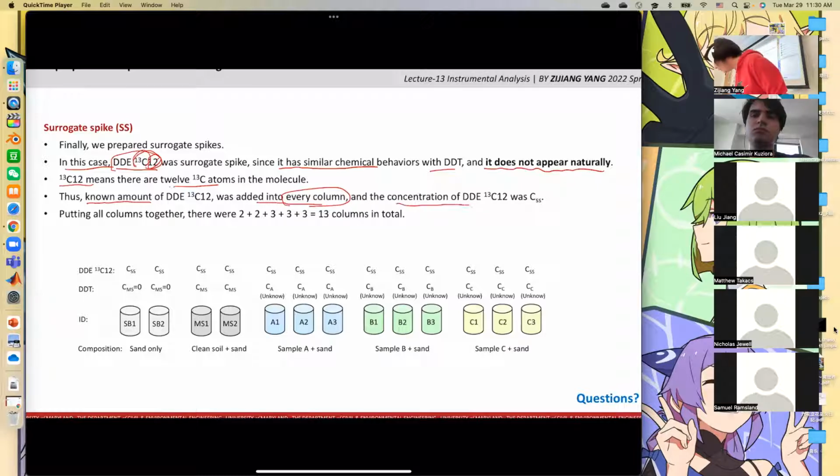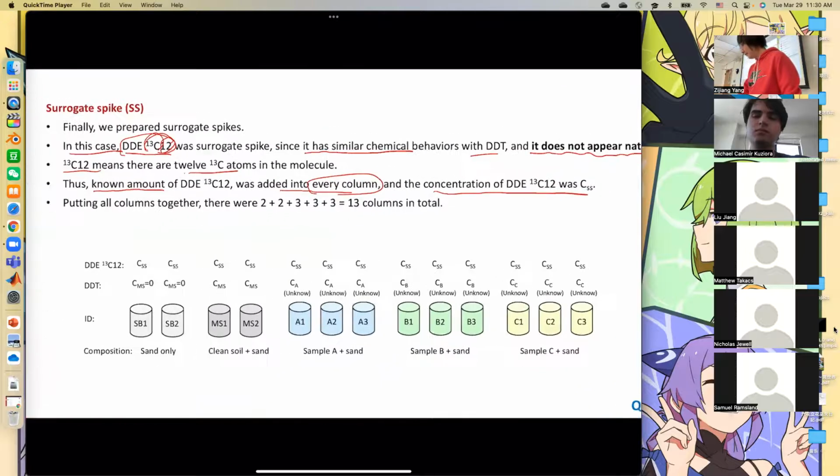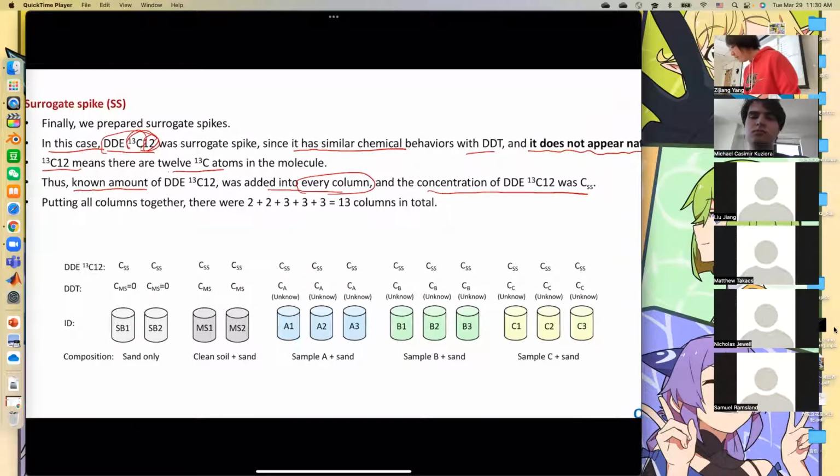And the concentration of DDE C13 was CSS because this is the surrogate spike. And by putting all of the columns together, there are 13 columns in total. Let's say we have 2 sand blanks, which only have the sand. We can consider it as a matrix spike and the concentration should be 0.